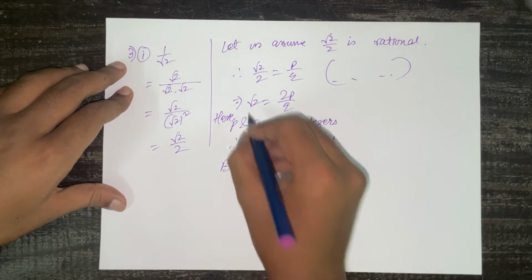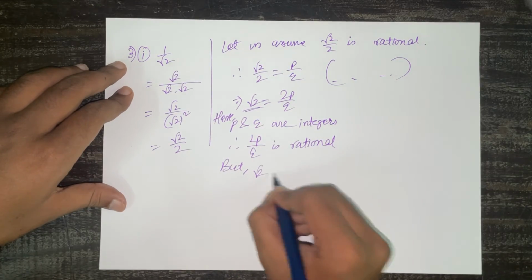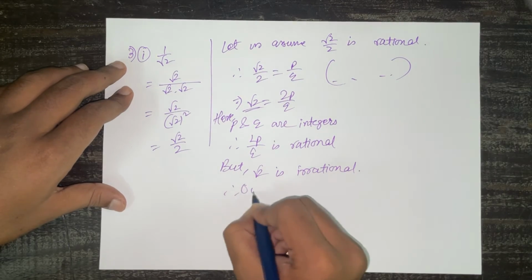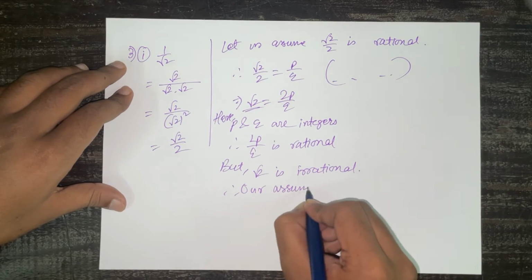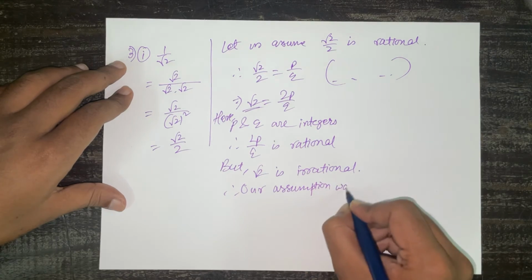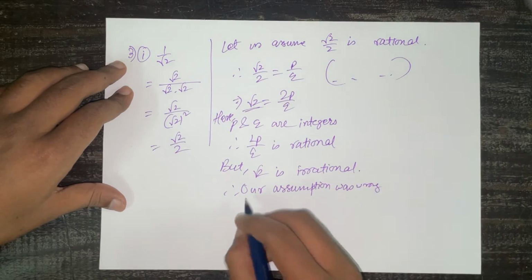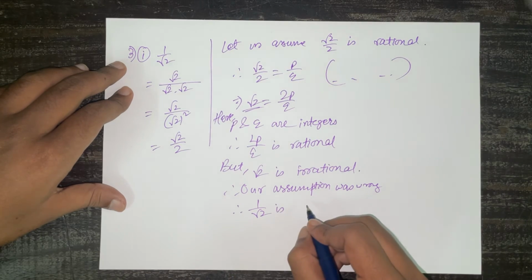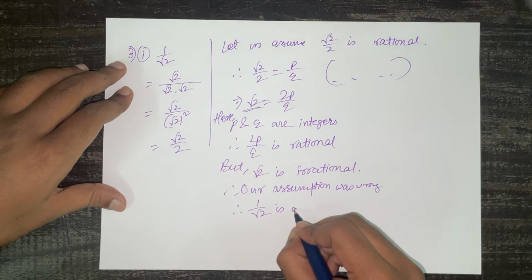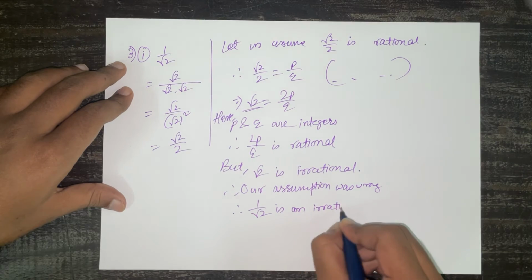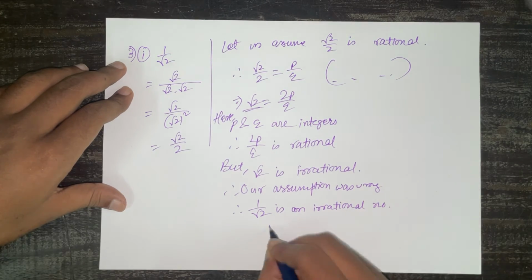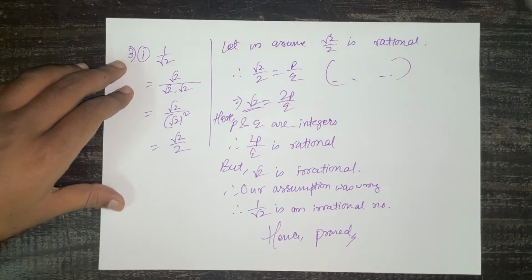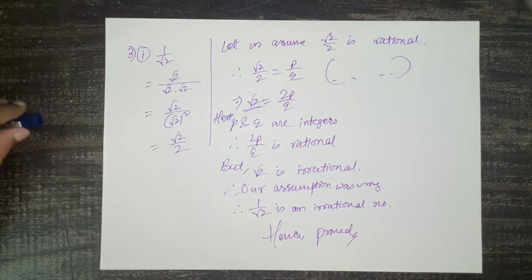But we know that root 2 is irrational. Therefore, our assumption was wrong. Therefore, 1 by root 2 is an irrational number. Hence proved. See, it was easy.